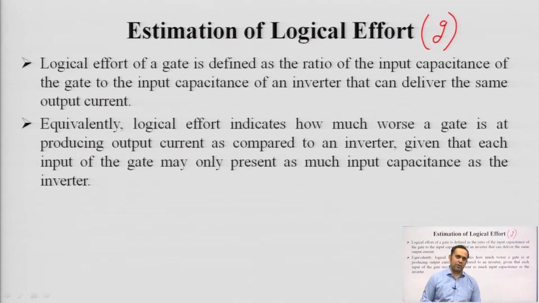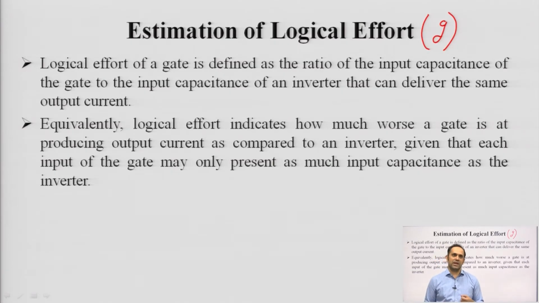It is a performance parameter, and since it is a ratio of two capacitances, it is unitless, and it usually has a numerical value which is generally an integer. It is a performance parameter in a negative way. So, the lower the value of G, the better your gate driver is. And if the value of G increases, that means the performance is worsening.